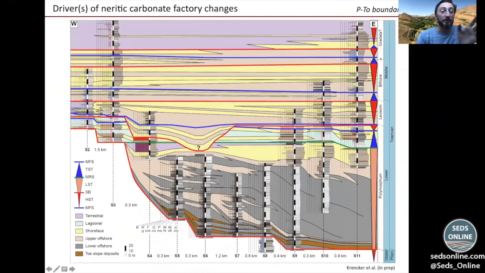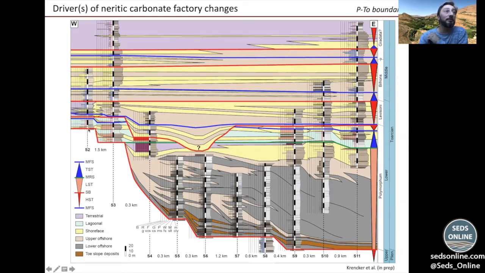And so if we do a lot of serial logging into this, that's very tedious work that François-Nicolas has done during his PhD actually, you can nicely figure out that this wave-dominated siliciclastic shelf is actually a lowstand systems tract. So the carbonate factory crisis is actually associated with a relative sea level drop.